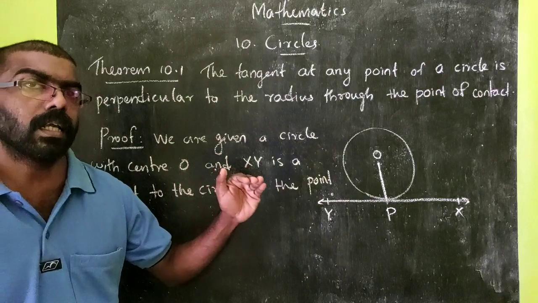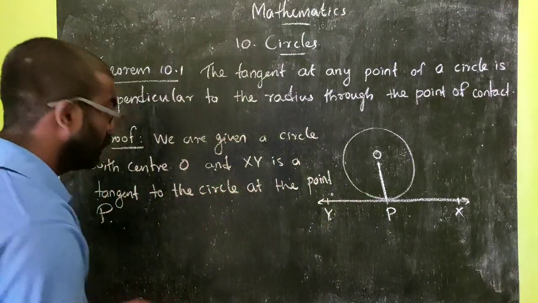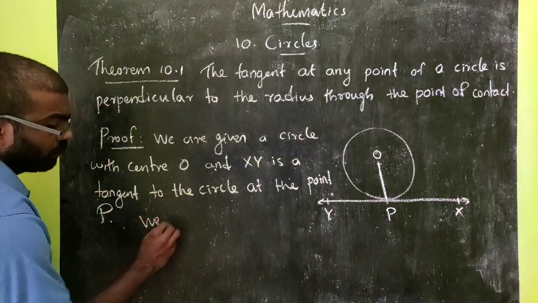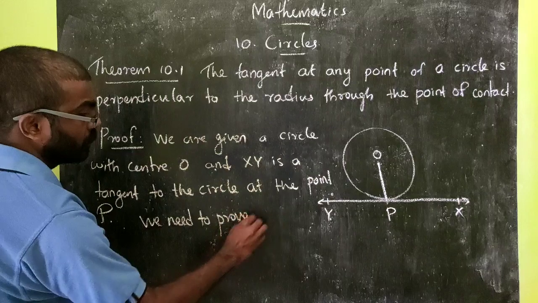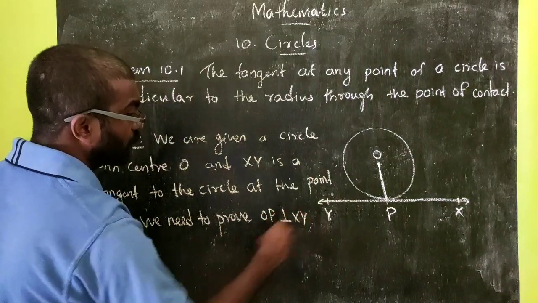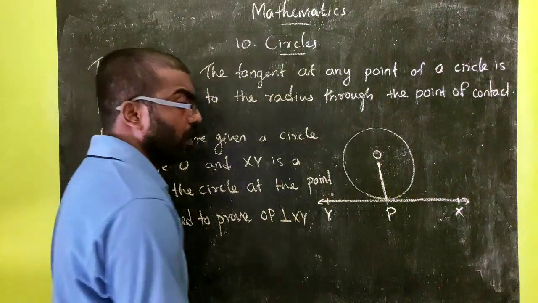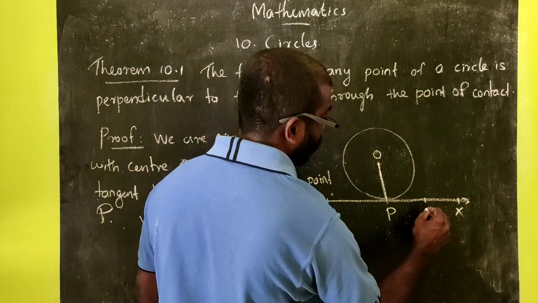Okay, tangent is perpendicular to the radius through the point of contact. So here we can write, we need to prove OP is perpendicular to XY. Clear? Now we can take a point Q other than P on XY.